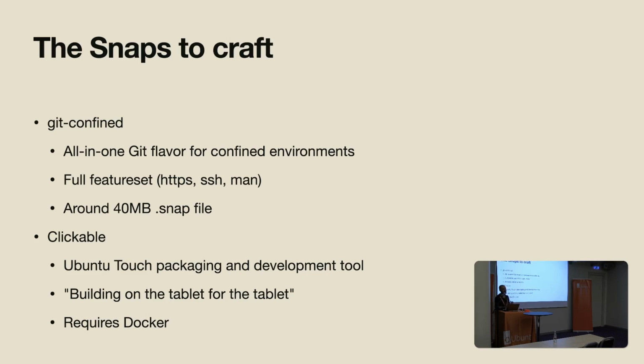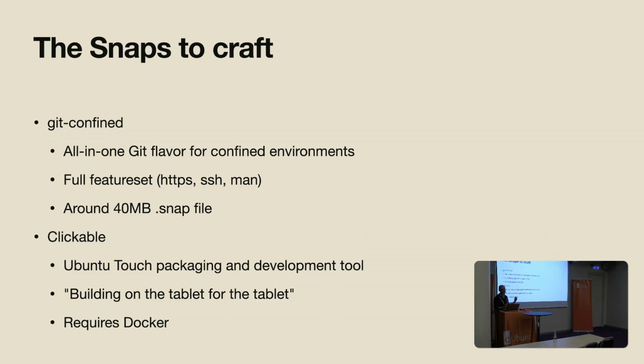So you install it as a confined Snap. It only has the permission to work in home, on removable media, and networking. That's it. More than that is not really needed. So this is a self-contained, self-hosted chunk of Git that you can actually put to use.